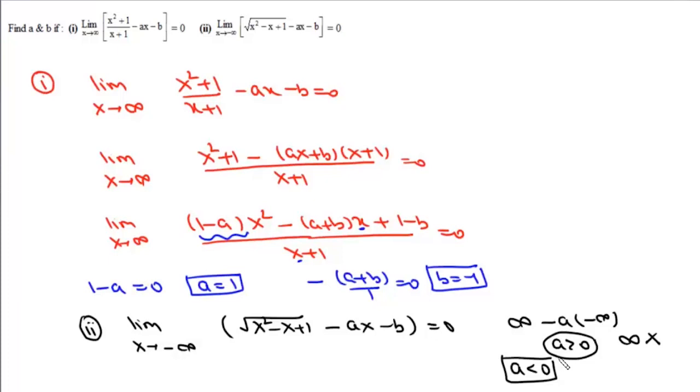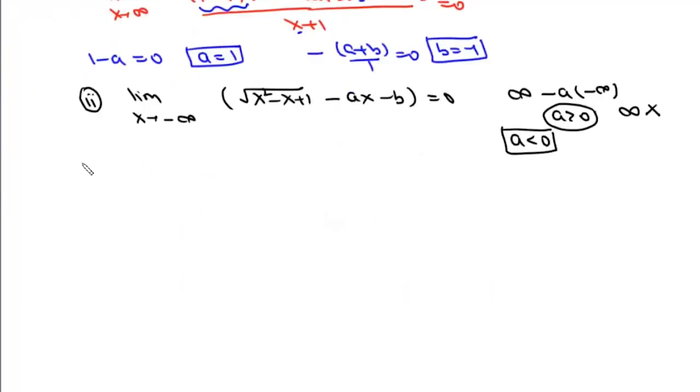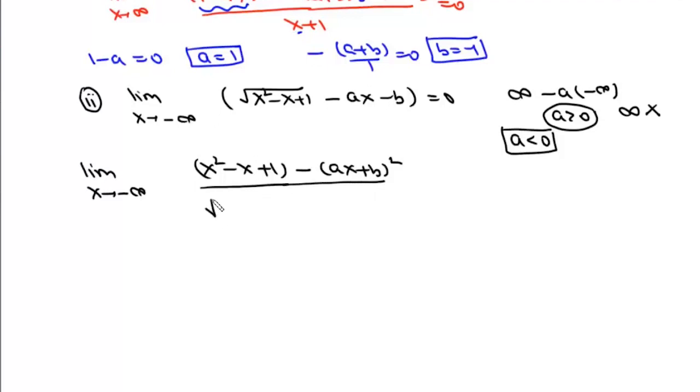which is negative. Now we can write this as limit x tends to minus infinite. Now we'll rationalize it. So we'll write this as x square minus x plus 1 minus (ax plus b) whole square, whole divided by under root of x square minus x plus 1 plus ax plus b, and it should be equal to 0.